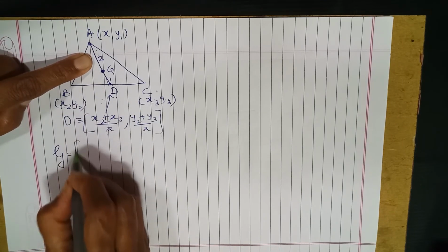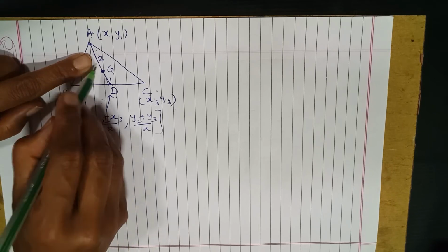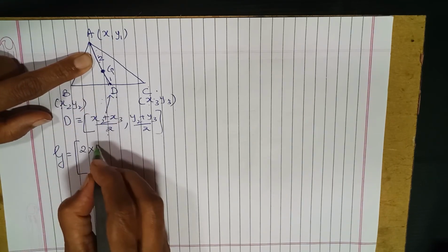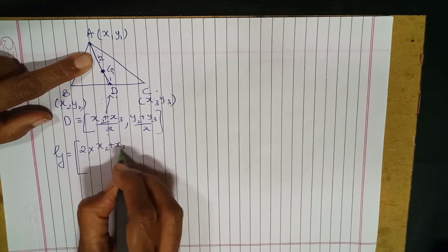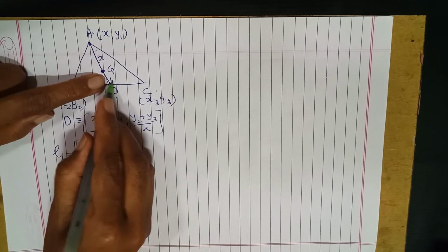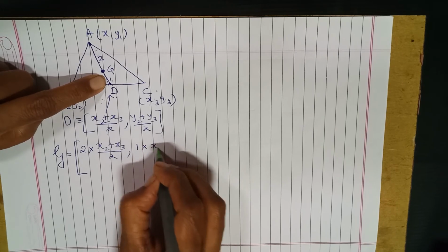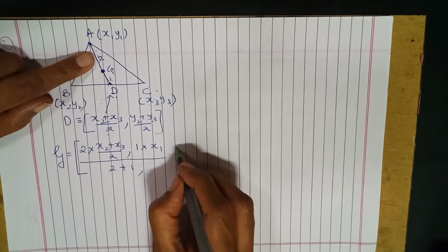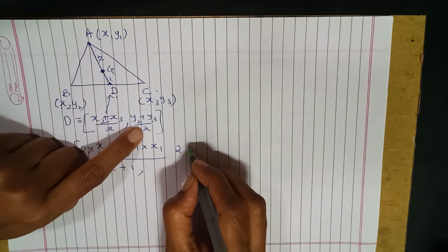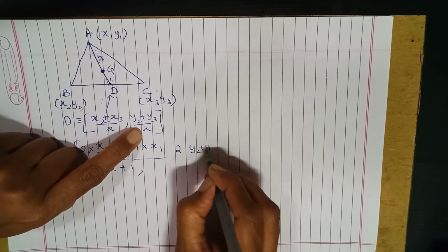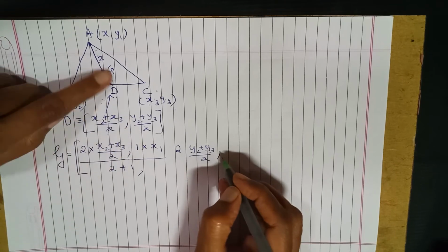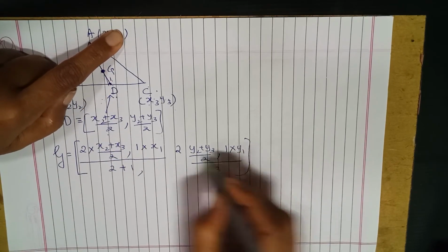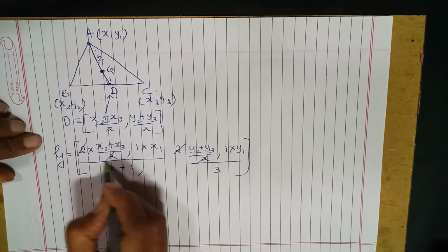So G will be nothing but, again using the section formula, m is 2 multiplied by D, that is x2 plus x3 upon 2, next, n, 1 into x1, upon 2 plus 1. Similarly, 2 into y2 plus y3 upon 2 and 1 into y1, upon 3. So this 2 can get cancelled, right?